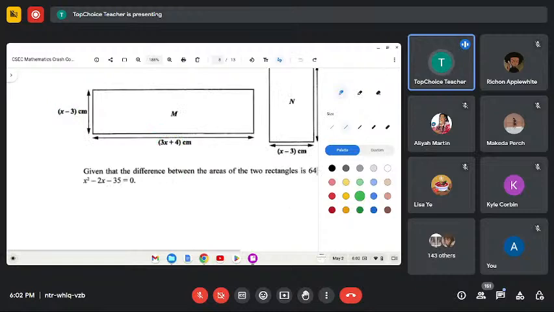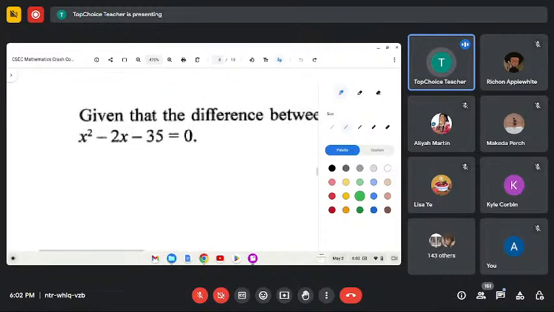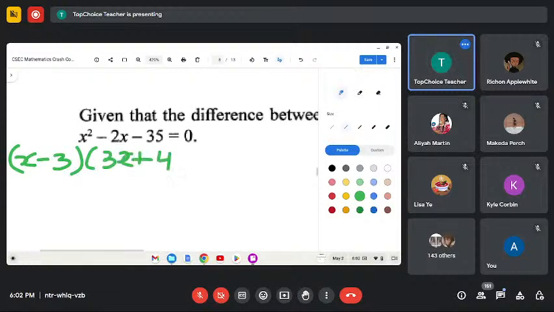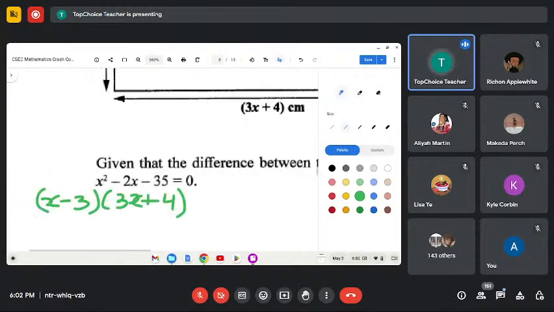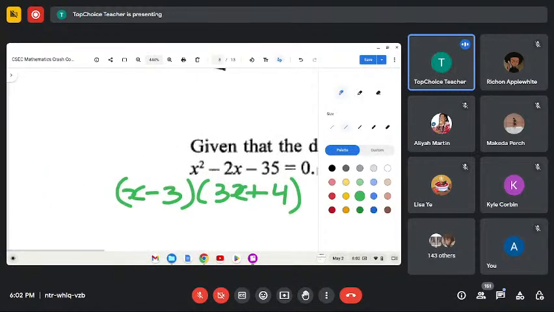The first expression was x minus 3, and we need to multiply that by 3x plus 4. This would be for which shape? M. This would be the area of M.